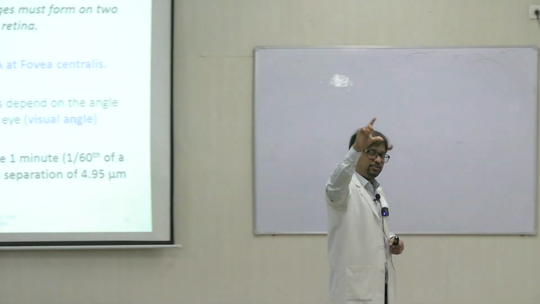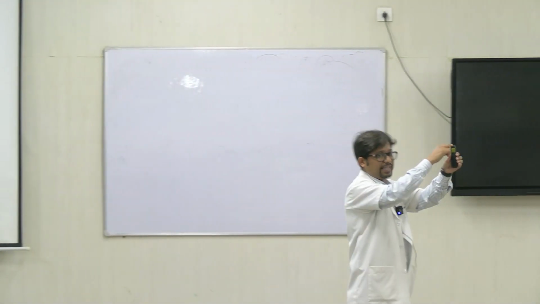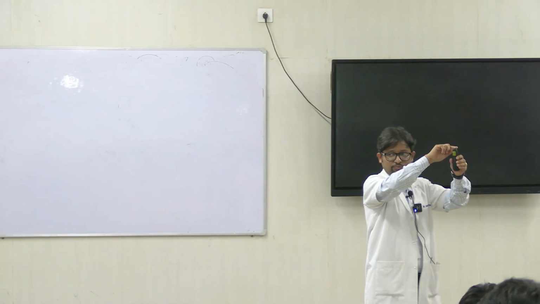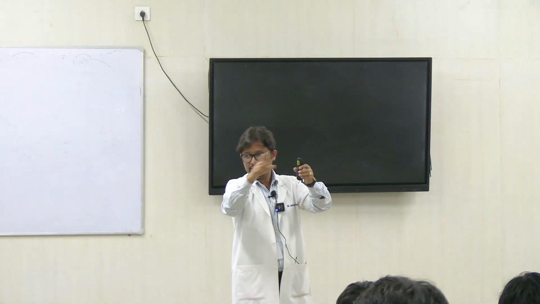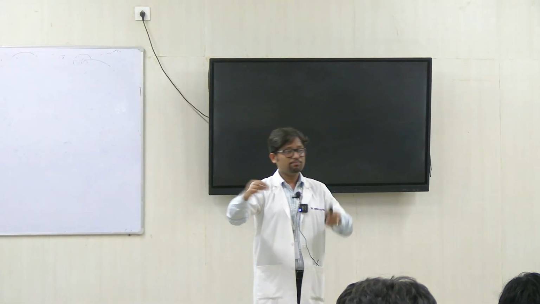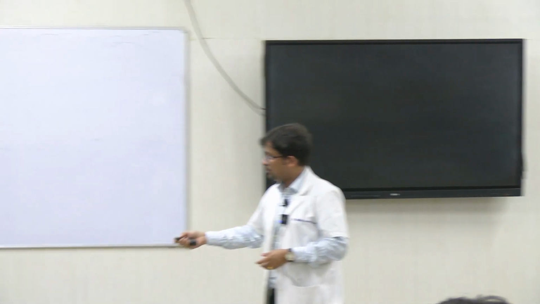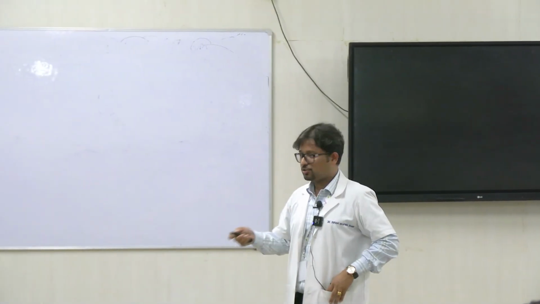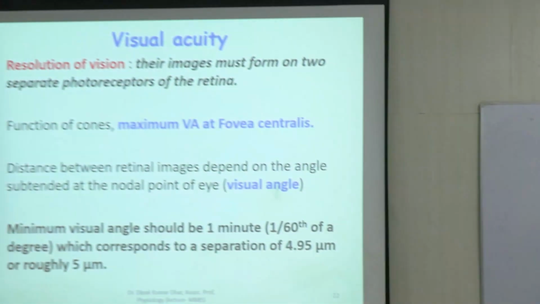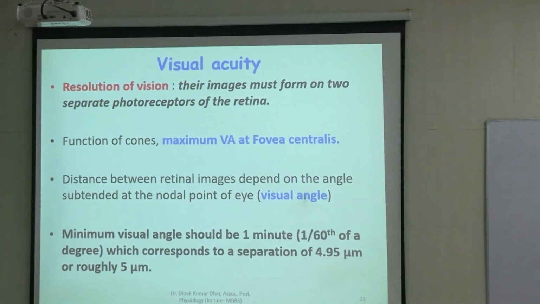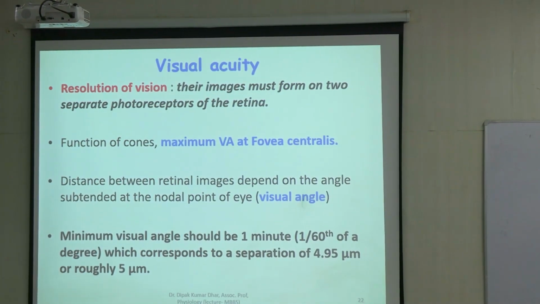Suppose this is an object: a light ray passing from this end and a light ray passing to this end, the angle between them should be a minimum of 1 minute for the image to involve two separate photoreceptors. So this is the reason why it is 1 minute.